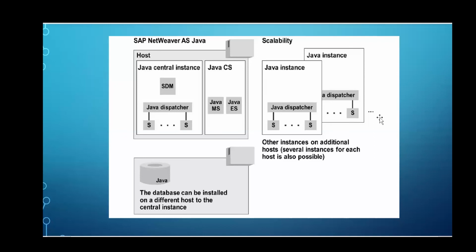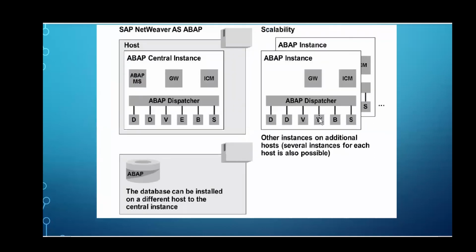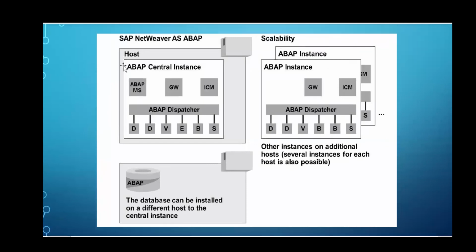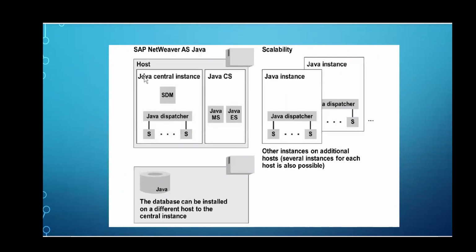Let me revisit the ABAP. So the core fundamental here is that I have a single block called central instance, right? Here I have central instance plus central services, CS, correct? Yes.